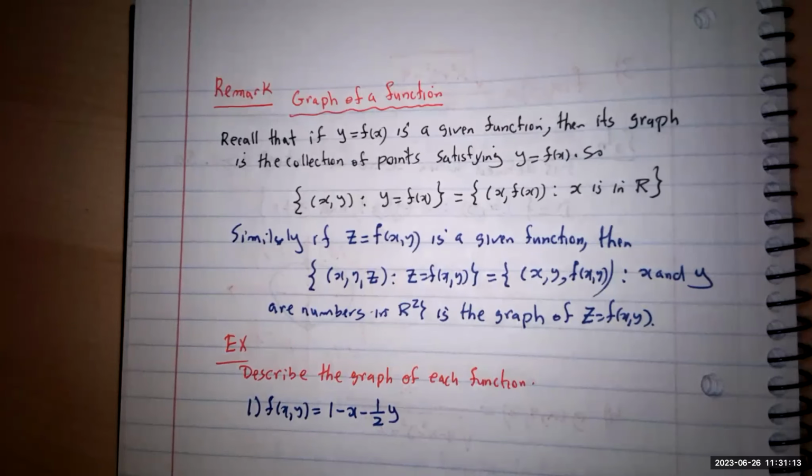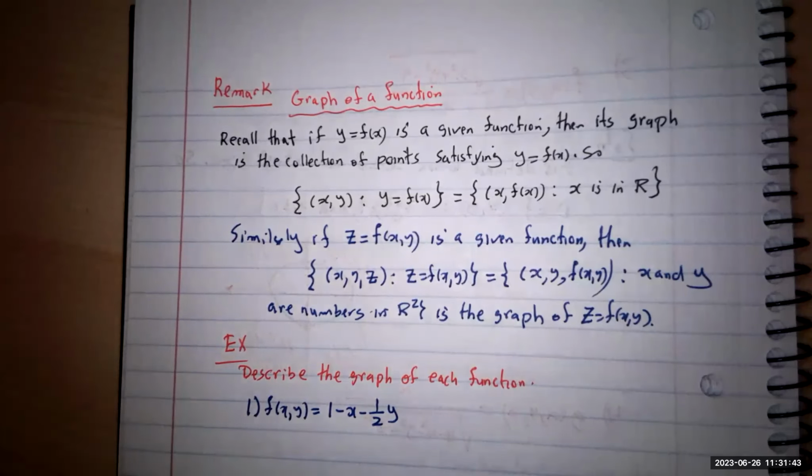You have points. For a function of one variable, you say all real numbers, because you are in the real number set. But when you say x and y, your domain is going to be points in R2. It's a kind of polynomial, no restriction, so the domain is all points in R2. So the domain is R2.